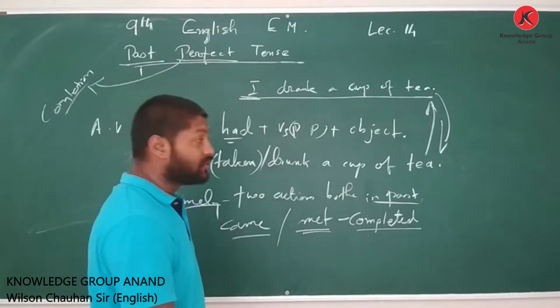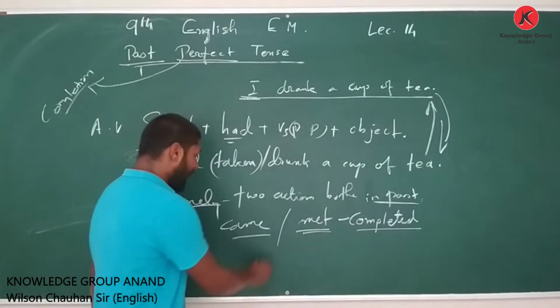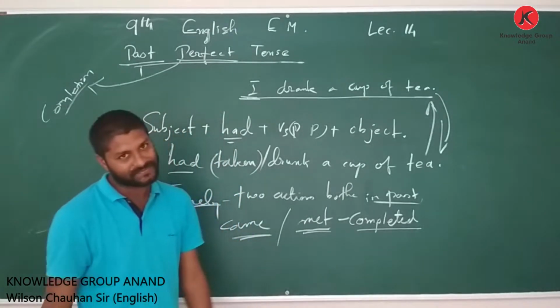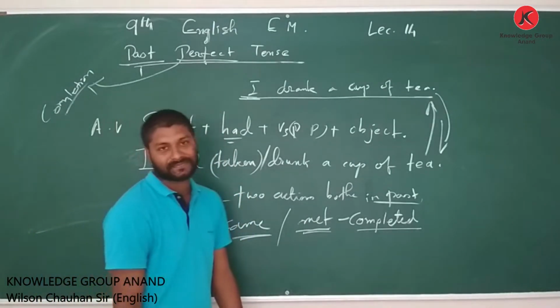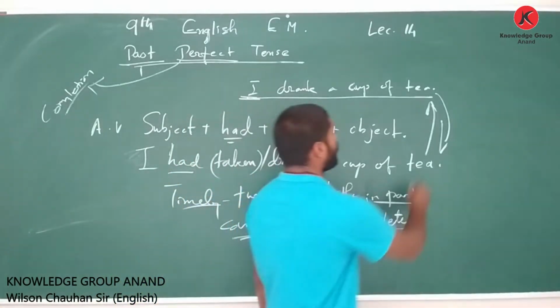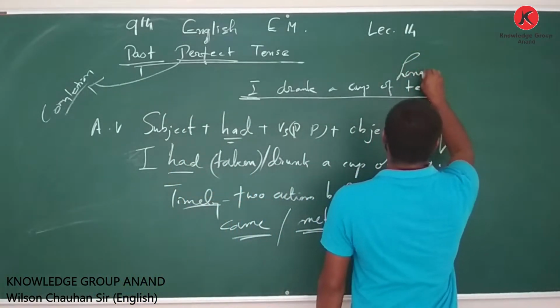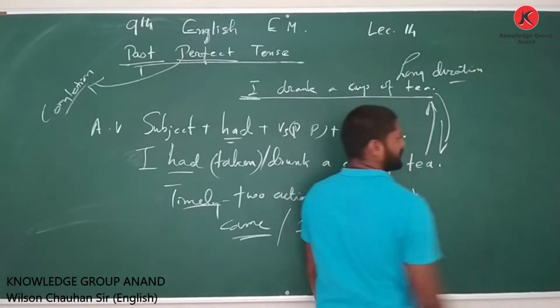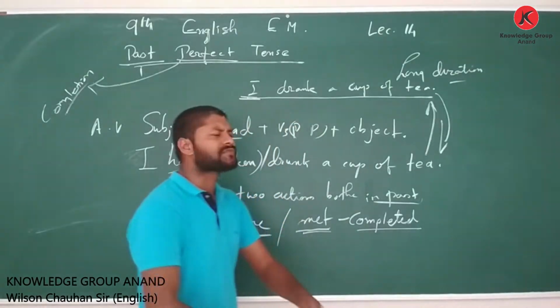You can very well use simple past tense: I came and I met my friend. Fine. But past perfect tense is actually for a long duration. Perhaps you are meeting someone after a long time.